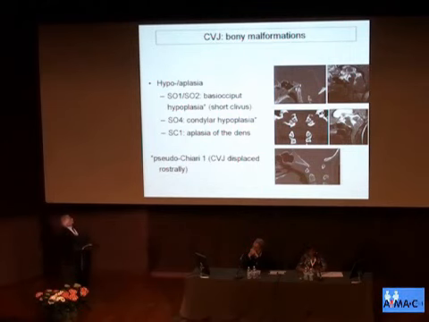The most common malformations are the hypoplasia or aplasia of the somite, occipital somite 1 and 2. In that case, you have the so-called small, short clivus. Okay? If you have a short clivus, the craniovertebral junction is too high, but the neural tube is normal.